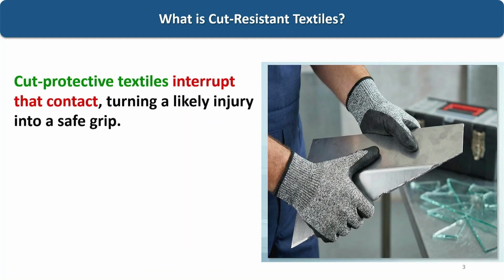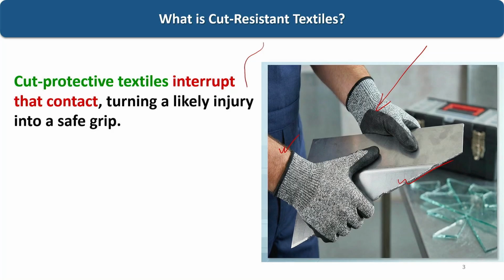So, cut protective textiles actually interrupt the contact. Suppose this is our body part, like our hand, and we are using cut protective gloves. The glove comes in between our skin and the sharp object.